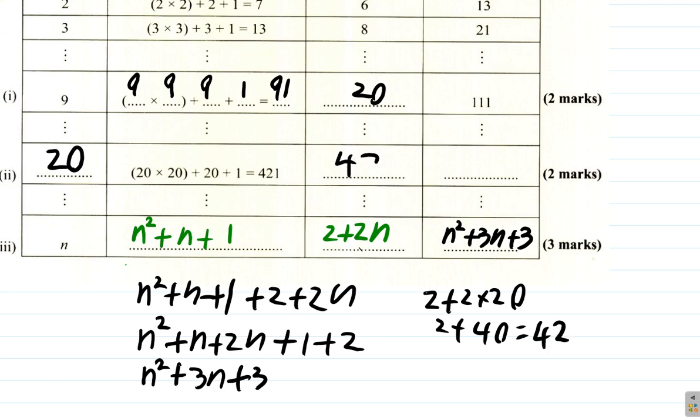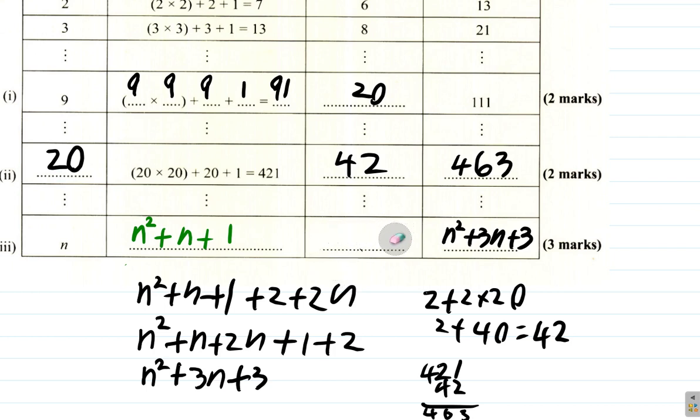So this should be 42. And then, of course, we're going to add the 42 and the 421. 421 plus 42 gives us 463. To be consistent, let's rewrite these in black.